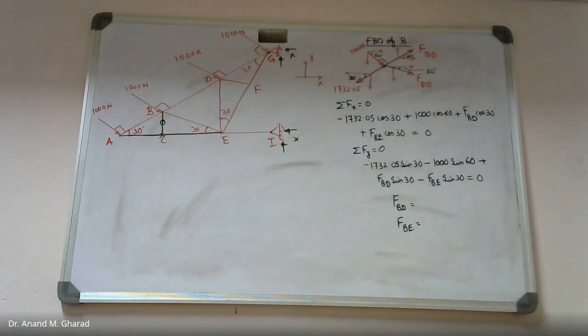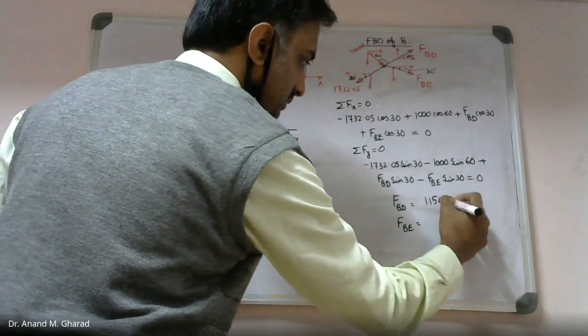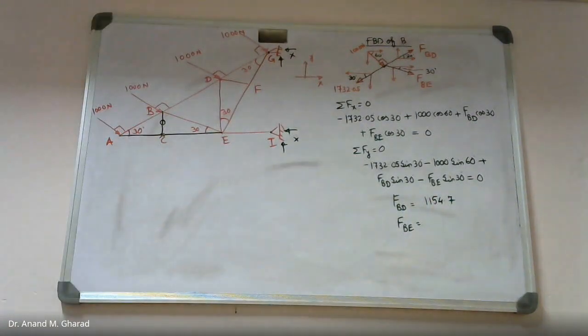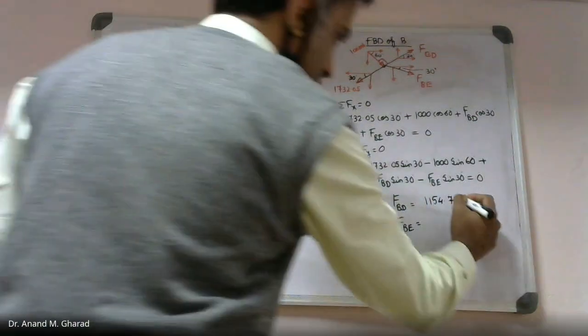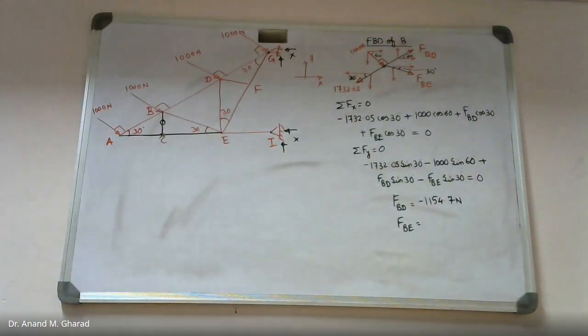See, I am getting the value for FBE to be 1154.7 Newton, and this is negative value. That means it is compression.